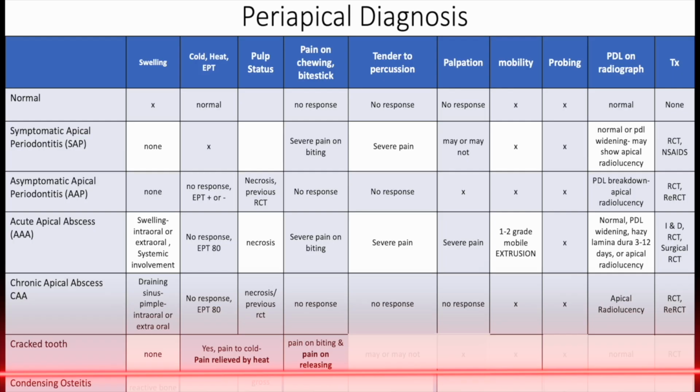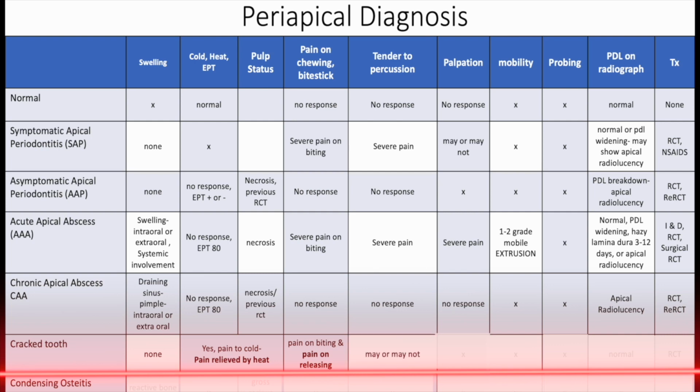But if you give it to a patient with a cracked tooth, they will bite on it, but then they will not let it go, because when they let it go, there is again a pain on the release part. So if they bite on it, they feel pain, and when they release it, they feel pain again, because the blood vessels and the pulpal tissue are all expanding and contracting inside the cracked tooth. That's why you will see pain on biting and pain on releasing.